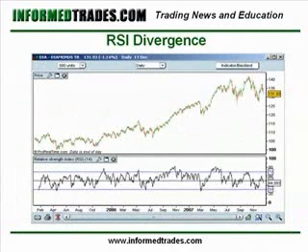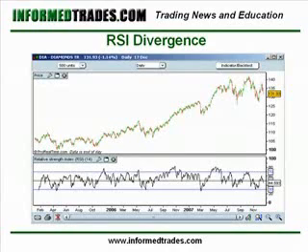The second way that traders use the RSI in their trading is what's known as RSI divergence, and this is similar to what we learned about with the MACD divergence. If the indicator, the RSI, is trending in the opposite direction as the price action of the financial instrument that you're analyzing, this tells you that momentum is waning, and therefore that particular financial instrument may be due for a reversal.